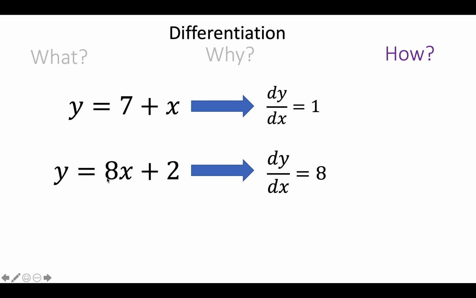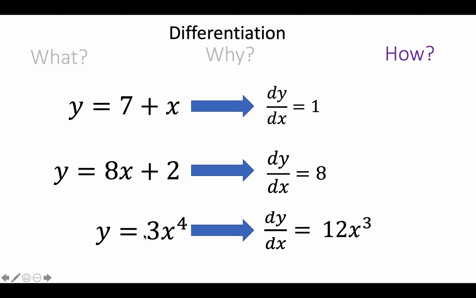If it's y equals 8x plus 2, then the 2 is just a number that disappears, and it's 8 times x, it's dy over dx equals 8. Now if it's y equals 3x to the power 4, this is a power, and the rule is the power comes down, and it's 3 times 4, which is 12, and you take one off the power, which is x to the power 3. And this is the answer here.